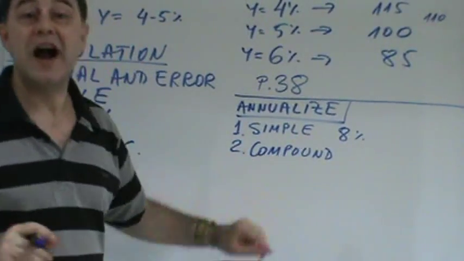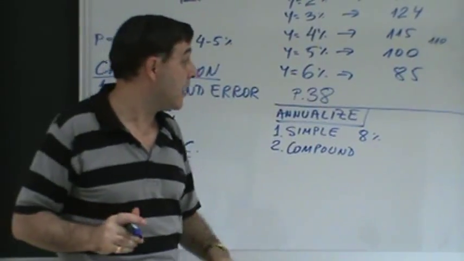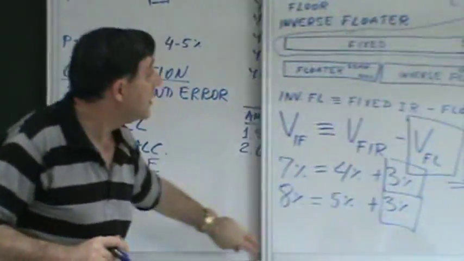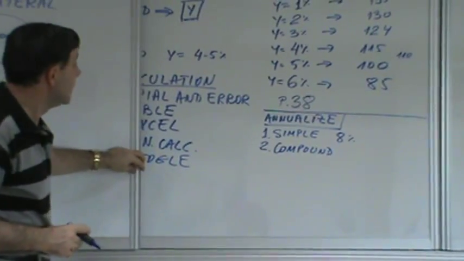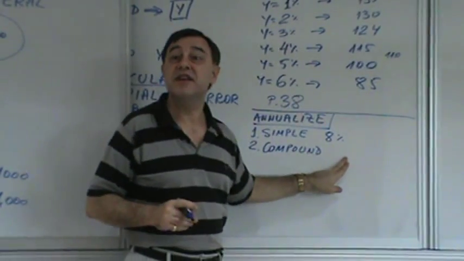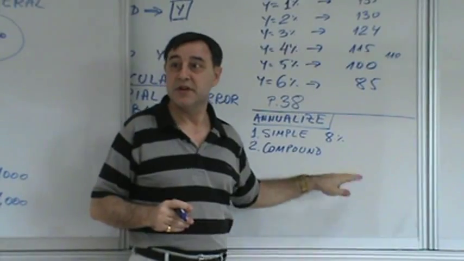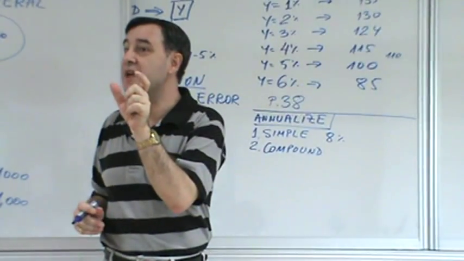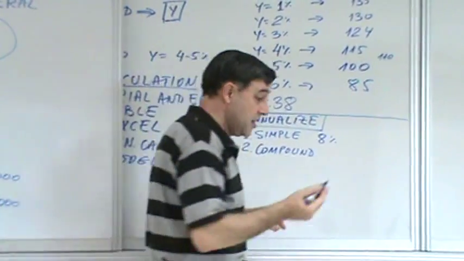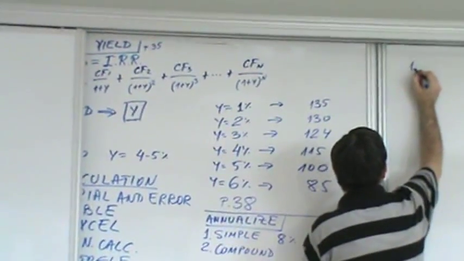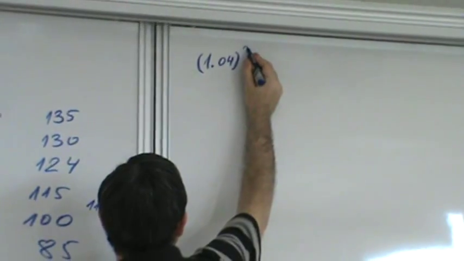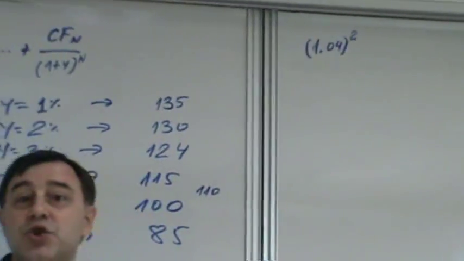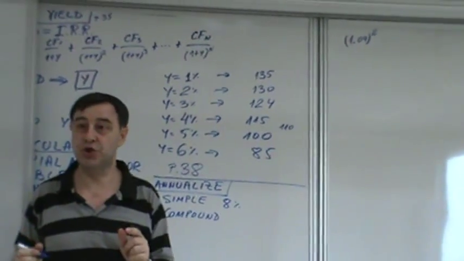Now, how do you do the compound calculation? Well, if it is semi-annual, this means that the semi-annual payment is 4%. You just say 1.04 and then you raise it to the power of 2.